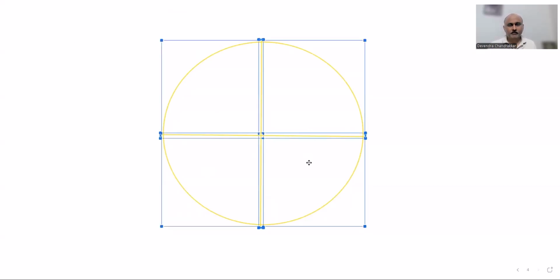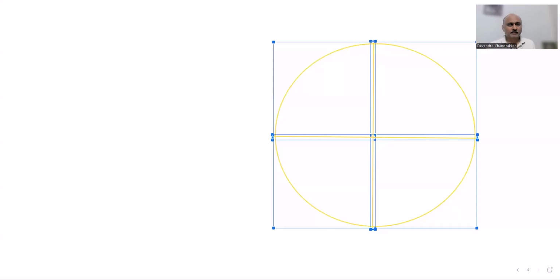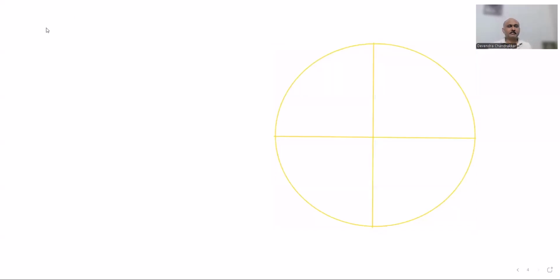Now, just remember this markings: all, sine, tan, and cos. All sine, tan, cos.